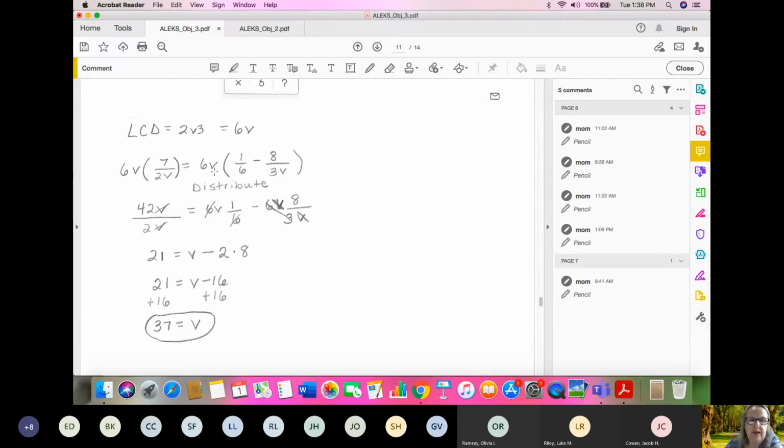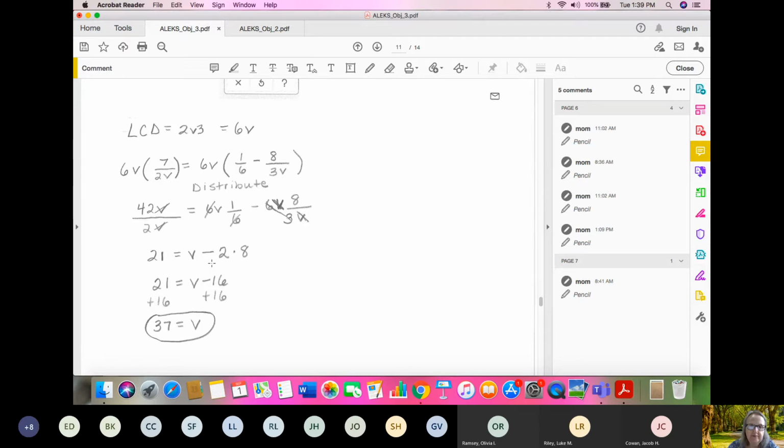So we want to distribute, so we get 6V times 1/6, plus, times a minus is a minus, and we would get 6V times 8 over 3V. So let's see what we can do. 42 divided by 2 is 21. V divided by V is 1. 21 times 1 is still 21. This is 6 divided by 6, which is 1, times what's left is what's left, and that is V times 1, which is V.